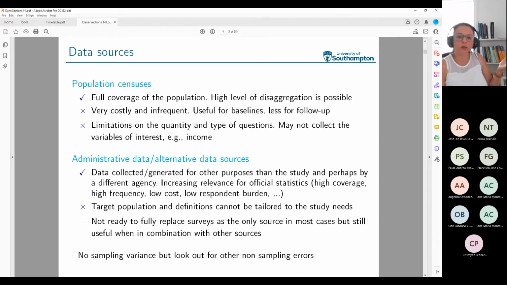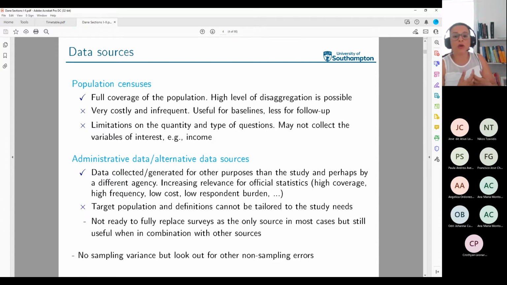You may have many other people that are unemployed but do not have the right to receive unemployment benefit. So your target population is different from the target population of the agency that distributes that benefit. There can be mismatches in that sense, and there is nothing you can do because you're not the owner of that data set.